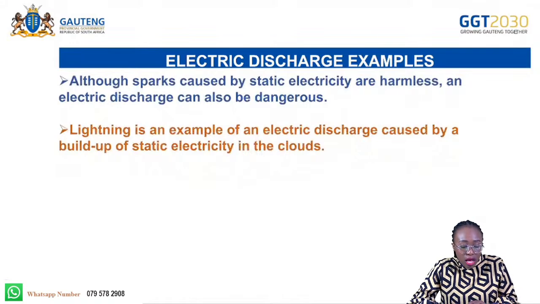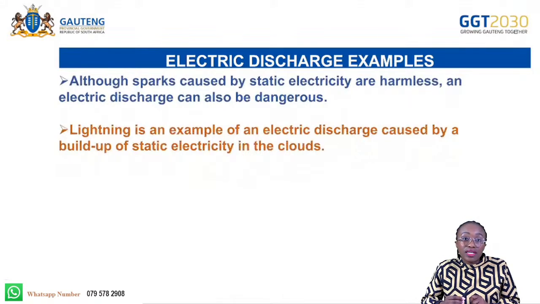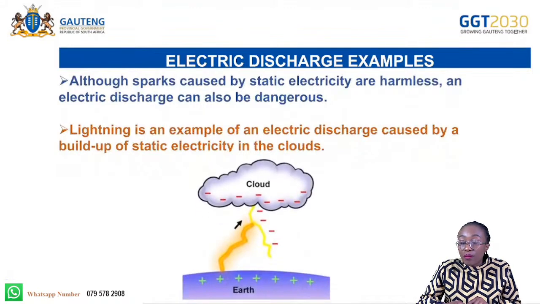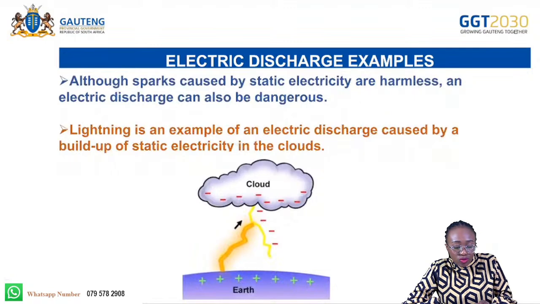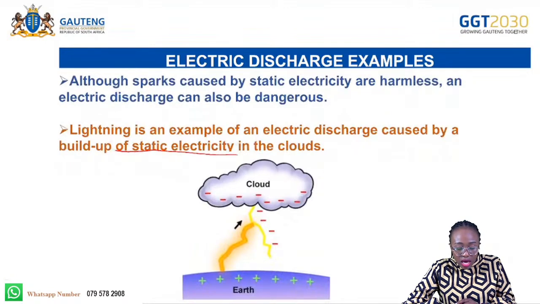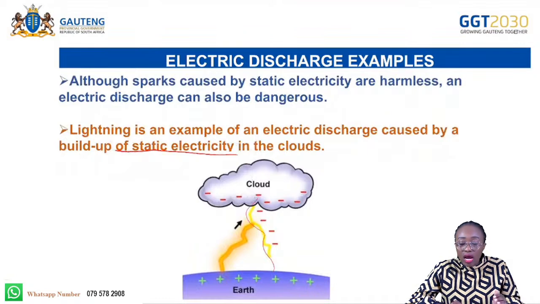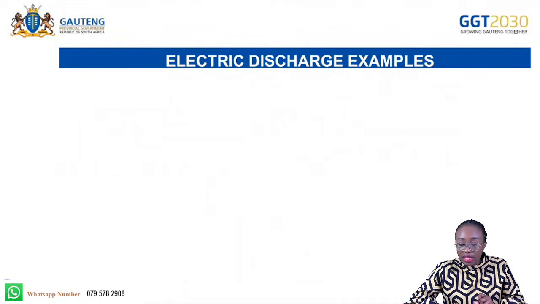It is caused by the buildup of static electricity in the clouds, and then there is a discharge all the way down to earth to try and reduce some of those negative charges.